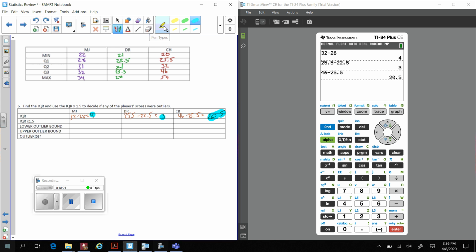All right, so back looking at some of the stuff, trying to calculate outliers or what will be an outlier. The first thing I need to do is go and find the IQR, so you can see my calculator. I took Q3, subtracted Q1. I found the IQR of each data set. Now, take those IQRs, like for Michael Jordan 4, and multiply it by 1.5.